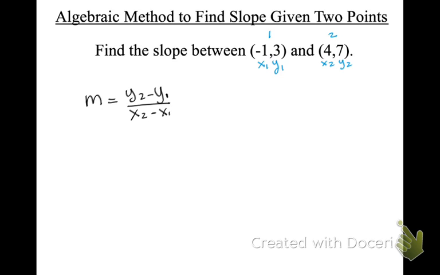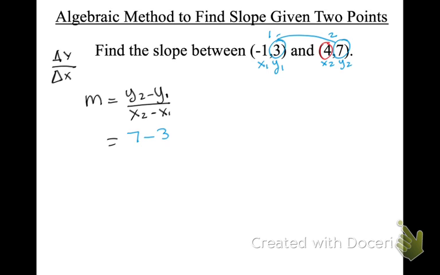Remember, it's always the change in the y over the change in the x. If you put the x on top, it would be wrong. So I'm going to substitute in. I'm doing the y's first. Remember, 7 minus 3. And then I'm going to do the x's.